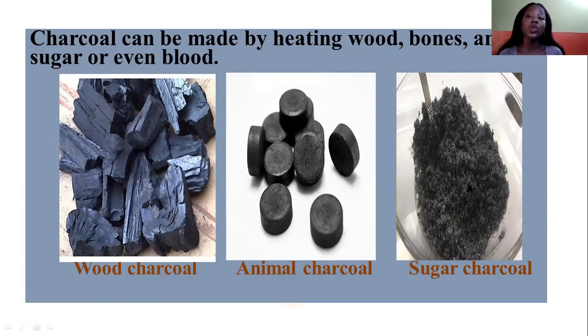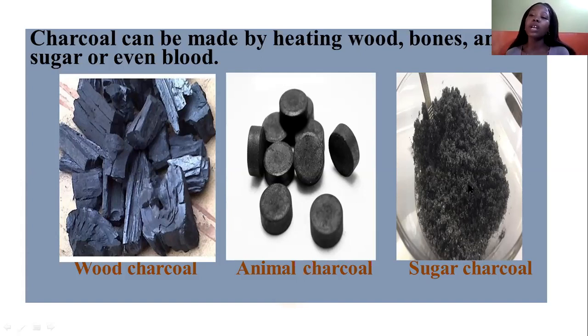Then another use of wood charcoal is that it's used to absorb poisonous gases from the air. So it is a good absorbent. Usually charcoals are good absorbers, so it's used to absorb poisonous substances from the air. Then animal charcoal is used as a decolorizing material. That is used to remove color from substances. For example, animal charcoal is used to decolorize brown sugar.